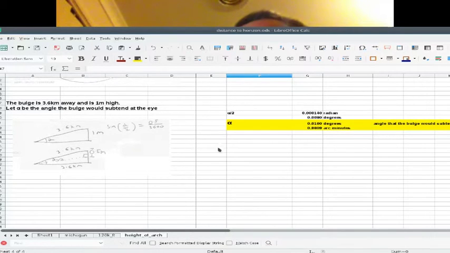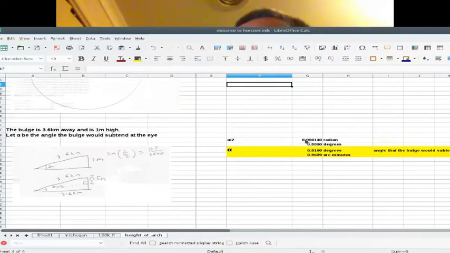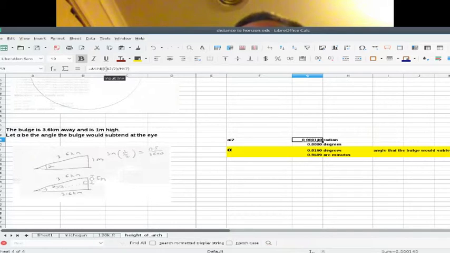You can use trigonometry to figure out that it's 0.00014 radians, alpha on 2. So you figure out that alpha is actually 0.016 degrees.